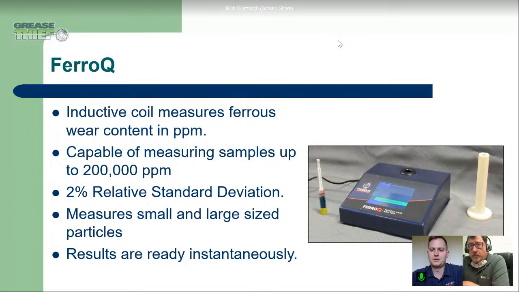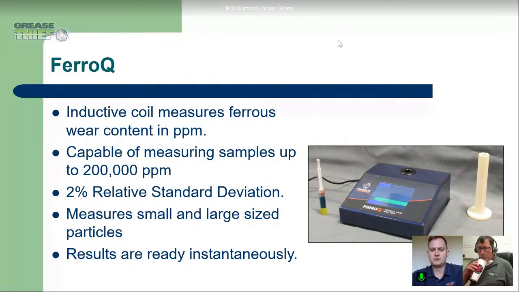The purpose of this tool is to enable wind site owner operators to screen their grease samples at site. The FerroQ can be brought up tower if necessary, or it can be a centralized station at the O&M building for when technicians get back from their maintenance.